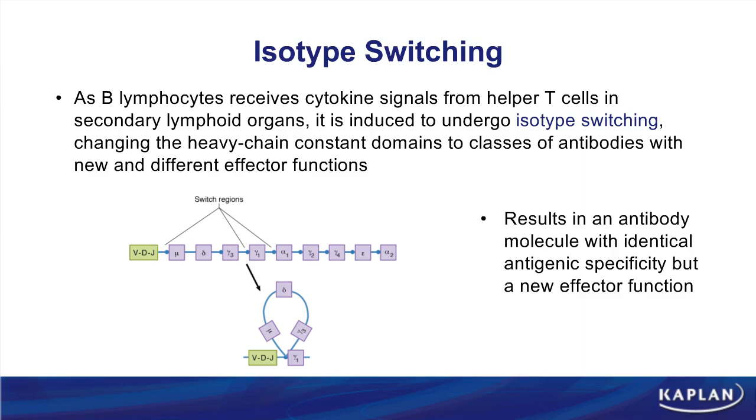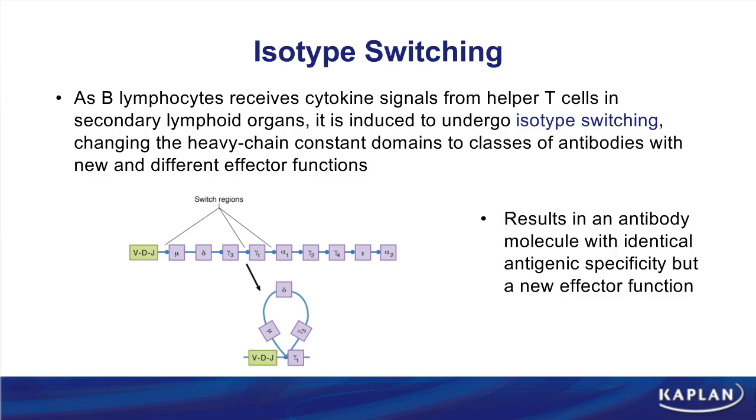What's important for you to know is that whether this cell is a memory cell or a plasma cell, the receptor on the surface now shifts from being both IgM and IgD to whatever we class switch to. So we're going to make an IgG1. That is now going to be the B cell receptor.